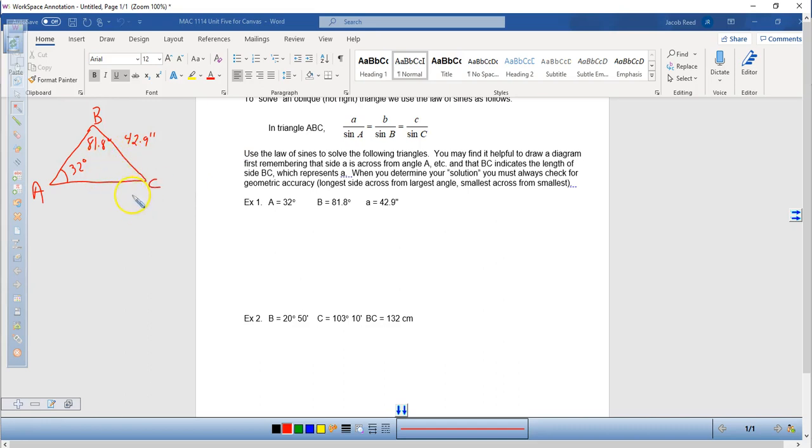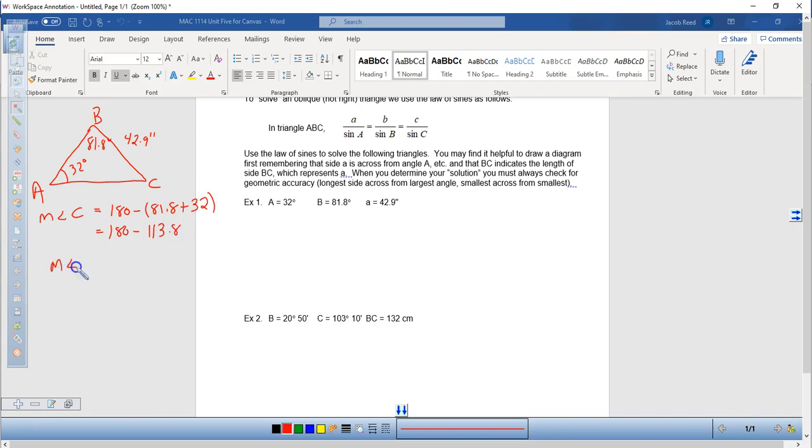Now, to find this angle, let's find angle C, because we know that all angles of a triangle have to add up to 180 degrees. So the measure of angle C is 180 subtract 81.8 plus 32, and that's 180 subtract 113.8.